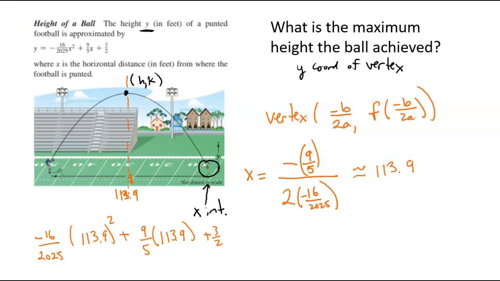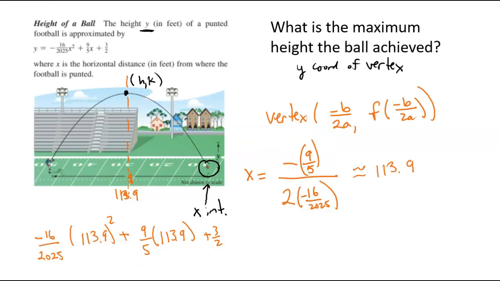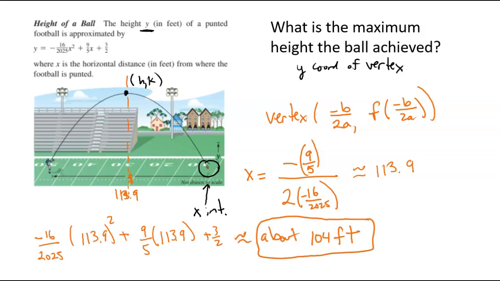We would plug 113.9 in for our x's, and we get out about 104, and then some decimals. So what's the maximum height of the ball? We would say about 104 feet, give or take a decimal or two, an inch or two. We found our vertex by using our vertex formula. Hopefully these 3 examples are going to help you now with the back side of your worksheet.